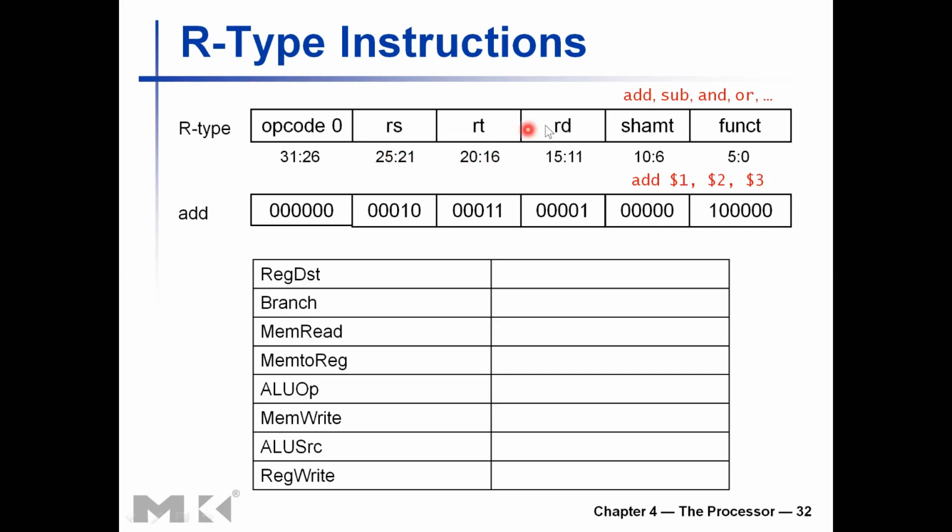So we have 3 register numbers or register addresses, 2 reading and 1 writing. Then if this is a shift instruction, the shift amount is provided in bits 6 to 10.